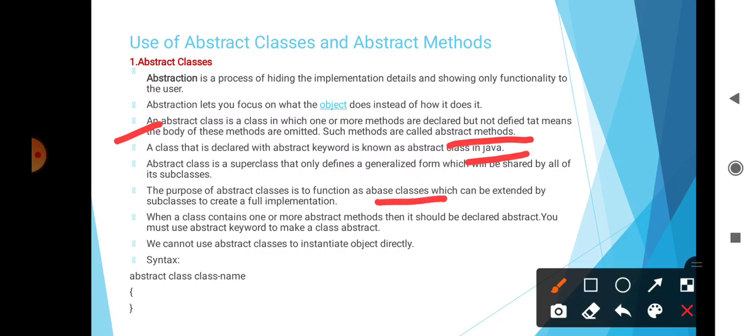When a class contains one or more abstract methods, it should be declared abstract, and you must use the abstract keyword to make the class abstract. But we cannot use abstract classes to instantiate objects directly. Syntax for abstract class: use the abstract keyword, then class, then the class name, and here the body of the class.